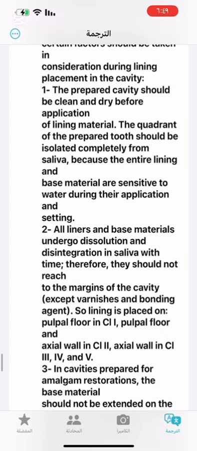The quadrant of the prepared tooth should be isolated completely from saliva, because all lining and base materials are sensitive to water during their application and setting. 2. All liners and base materials undergo dissolution and disintegration in saliva with time. Therefore, they should not reach the margins of the cavity except varnishes and bonding agent.